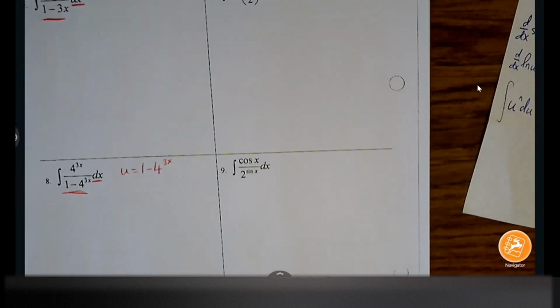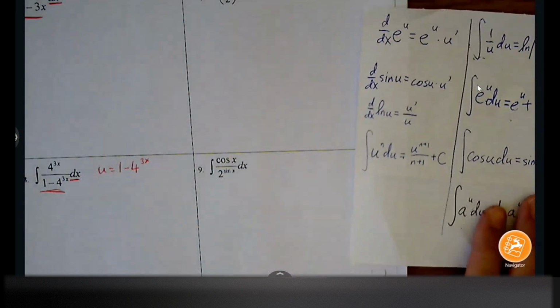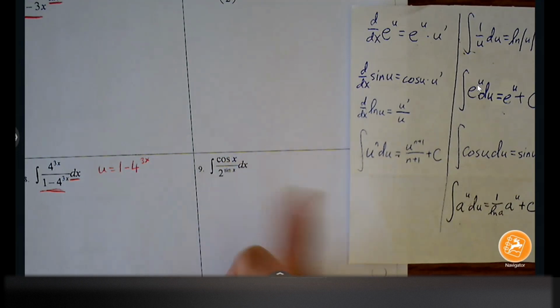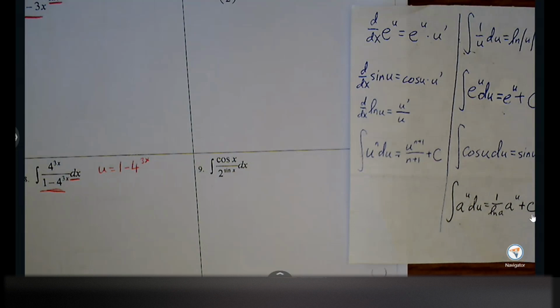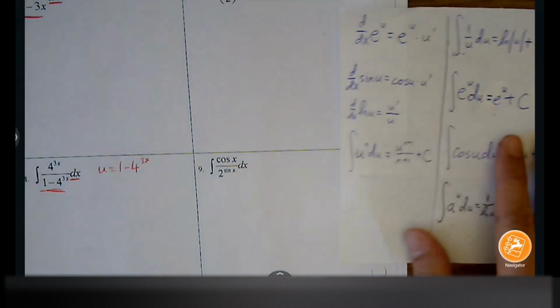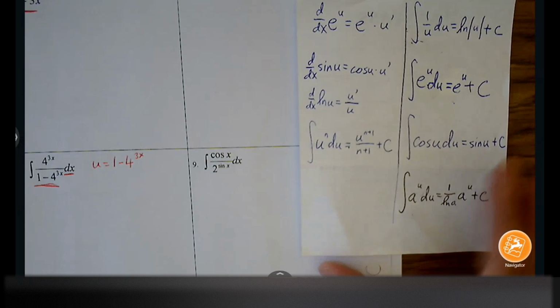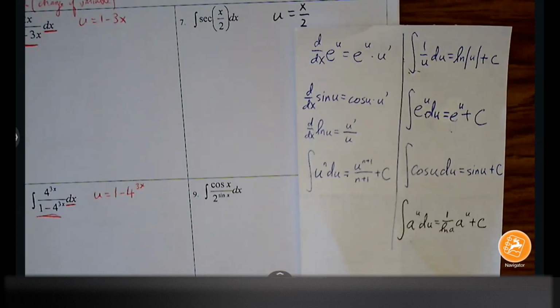All right, what about number 9? We can't merge anything together, right? You've got an exponential here, you've got a trig. So we've got to go to u-substitution. Do you see a rule that we can work towards for number 9?